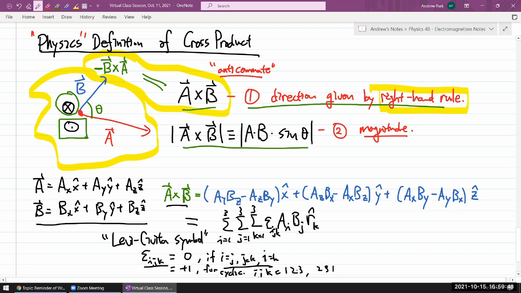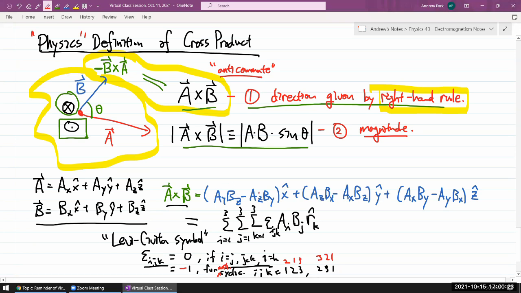You can see how they go in a cycle, and in that case, this is +1. And this is equal to -1 for the anti-cyclic permutation. That would be like 2, 1, 3. So it looks like it's going the other way. Another example of anti-cyclic permutation would be 3, 2, 1, and that's also anti-cyclic.